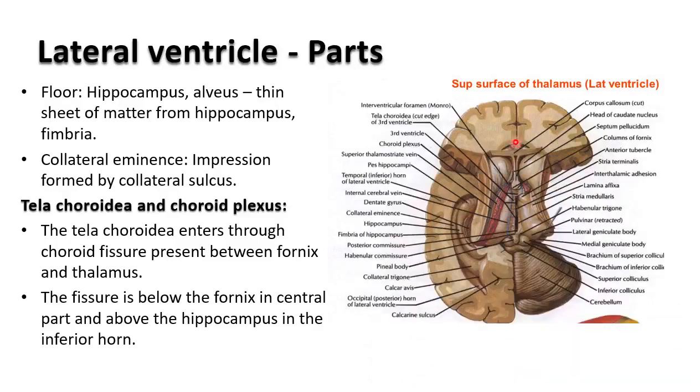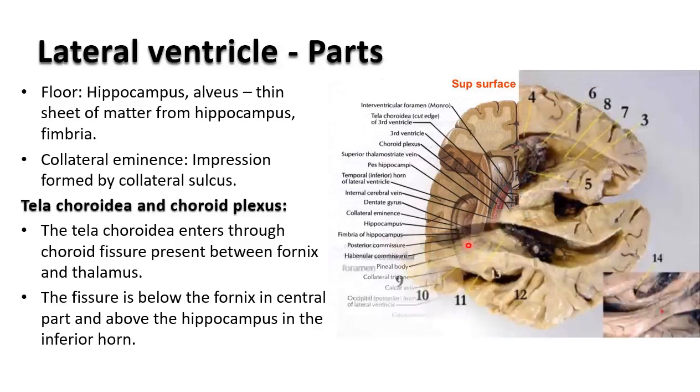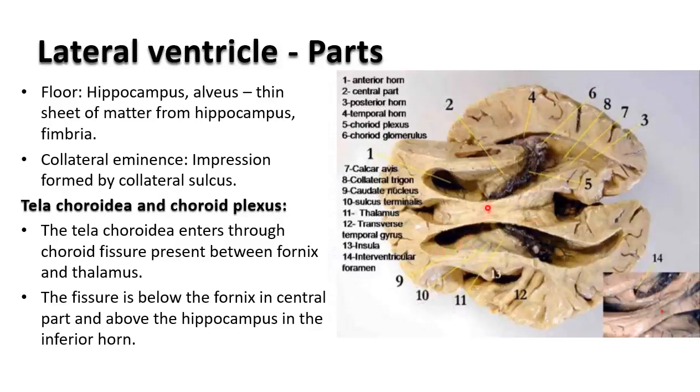Here you can see the choroid plexus in the central part, below the fornix, but above the hippocampus in the inferior horn, which you can see in the temporal lobe. That is how the choroid plexus is situated.